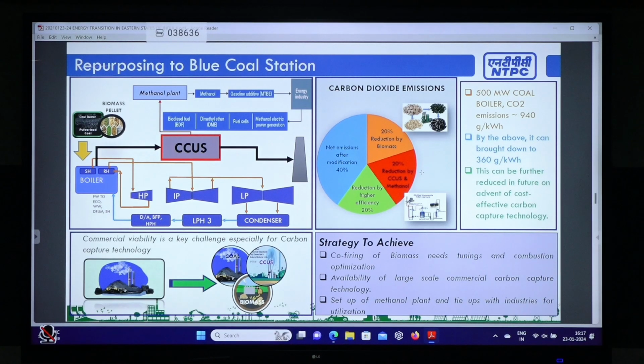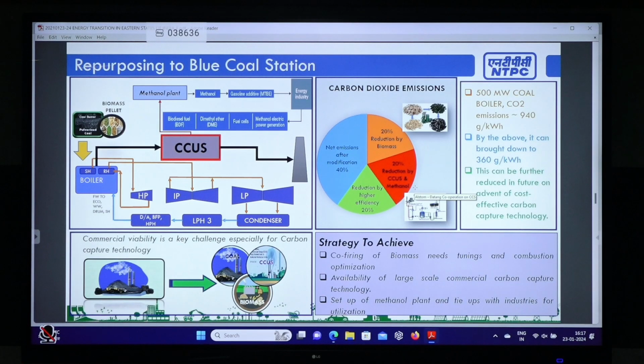Already 20% by efficiency, as I just showed. 20% by biomass, 20% by CCUS. That we have already proven. The pilot plant is already running, with a 20 tons per day capacity, injection at a thermal power plant. So we have already demonstrated the technology. That is to be increased. Now again comes the cost. You have to pay the cost. Again, I am repeating the same thing.